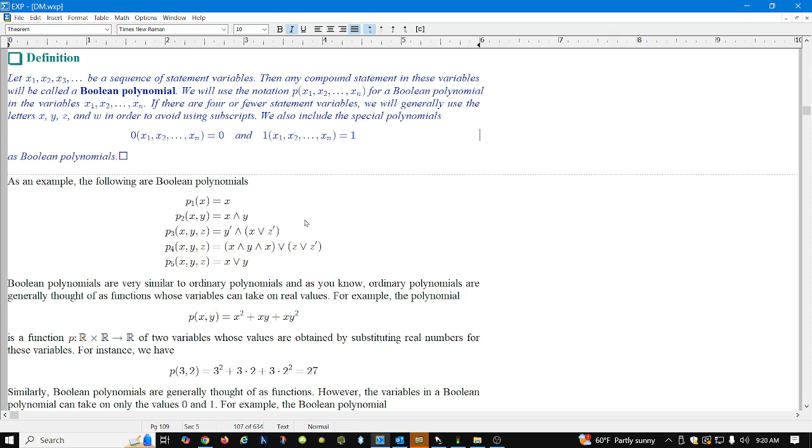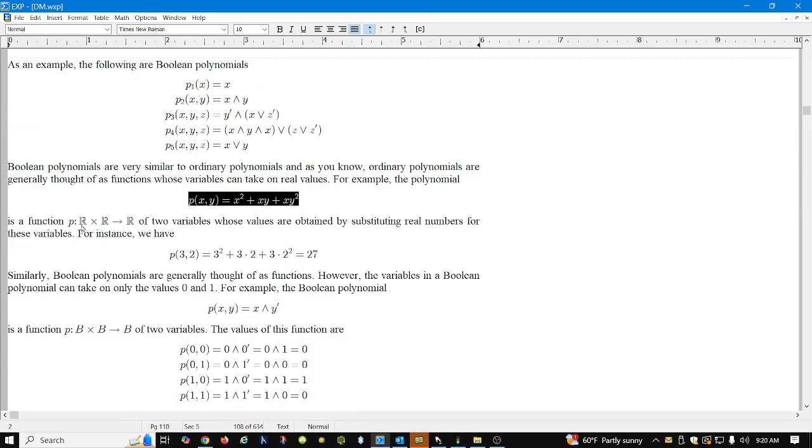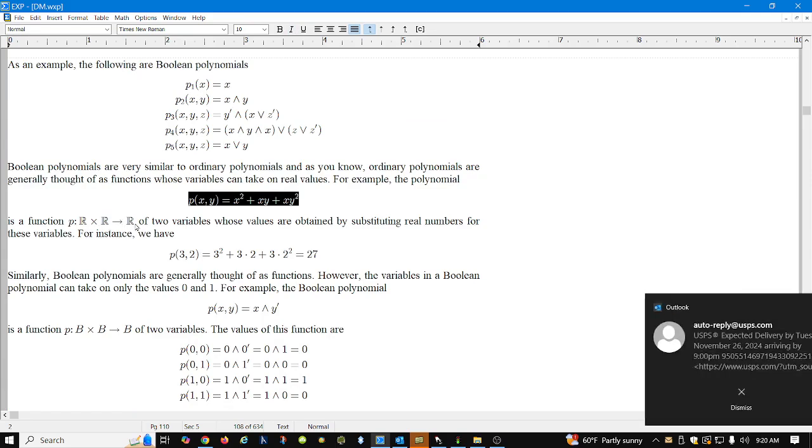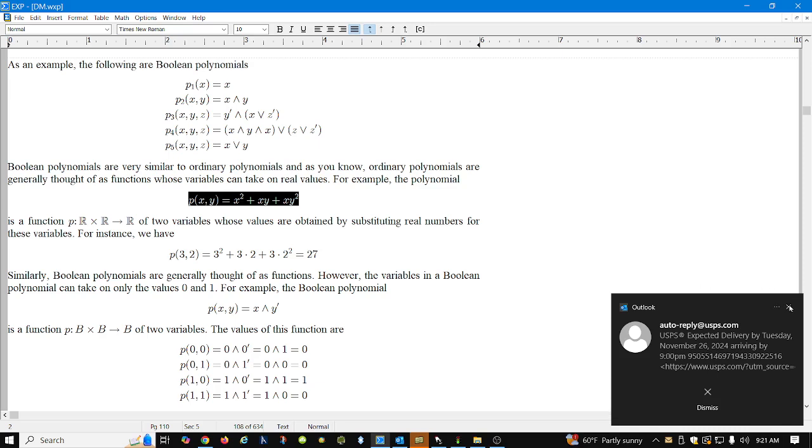Ordinary polynomials, though, are often thought of as functions that take on real values. So here's a polynomial of two variables. It's a function from the Cartesian product R cross R into R. This is a polynomial in two variables.